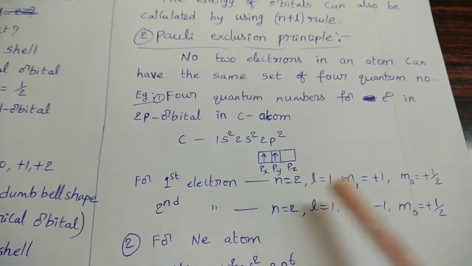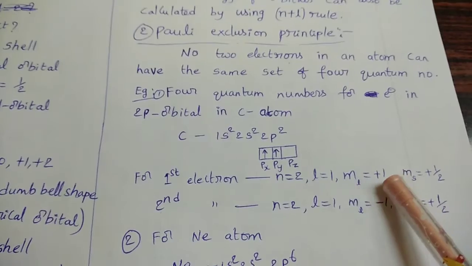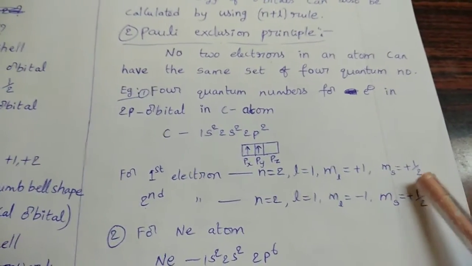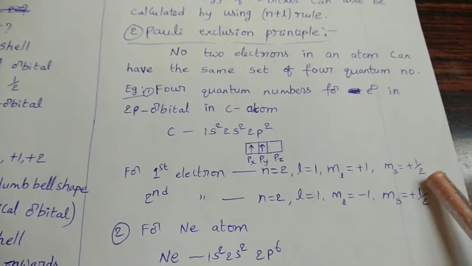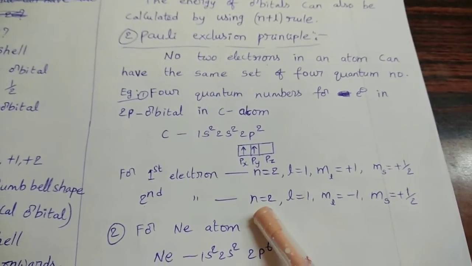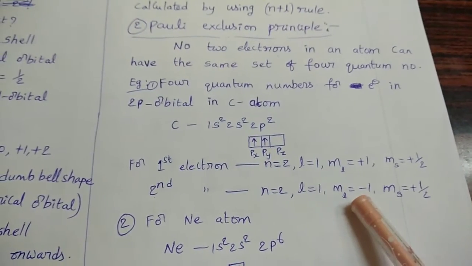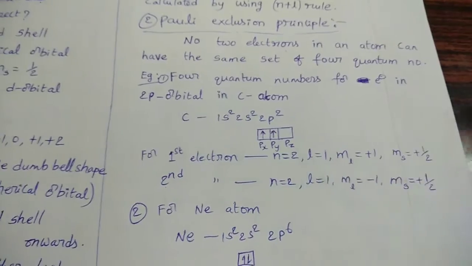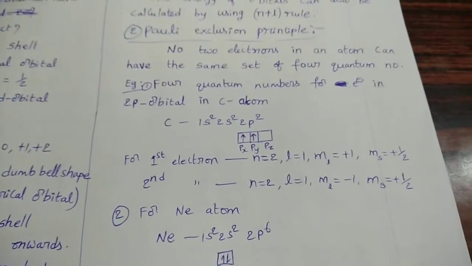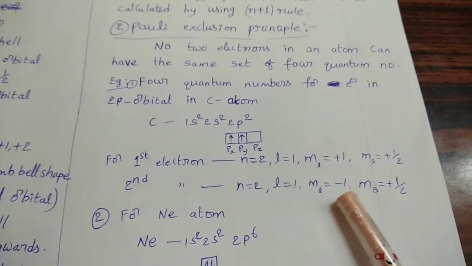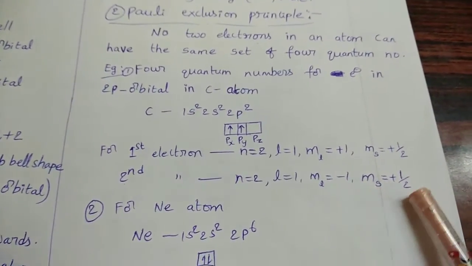For the px orbital, the magnetic quantum number is plus 1. Already we completed this point. Spin quantum number is either plus half or minus half, suppose plus half. For the second electron, n value 2, L value 1, magnetic quantum number minus 1, in the py orbital, and spin quantum number plus half.